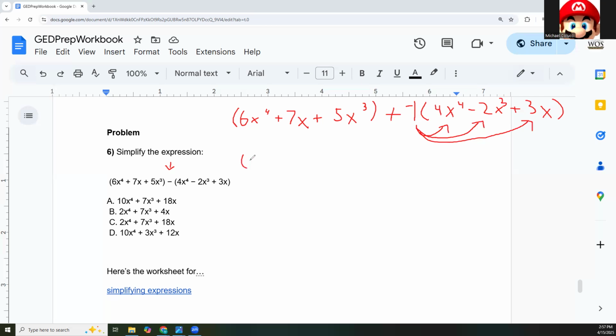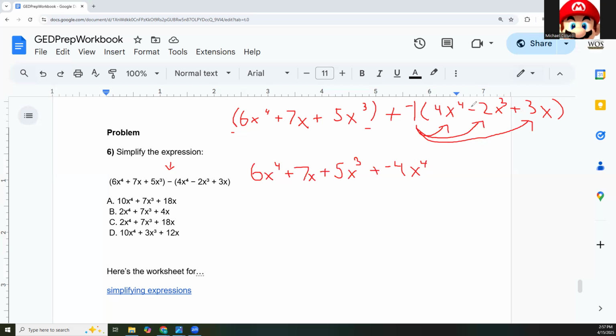All right, so I'm not even going to write in this first set of parentheses because I don't need them. I'm going to take them away right this second. And then I'm going to distribute this -1 inside these parentheses. So what's -1 times a +4? Well, it's a -4x to the fourth power. And what's a -1 times this 2?